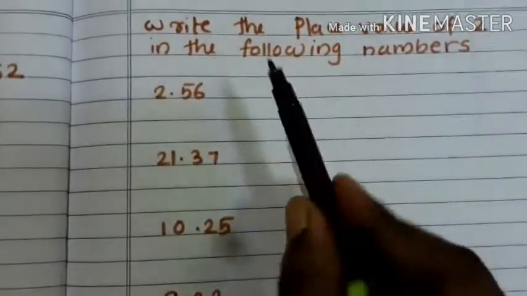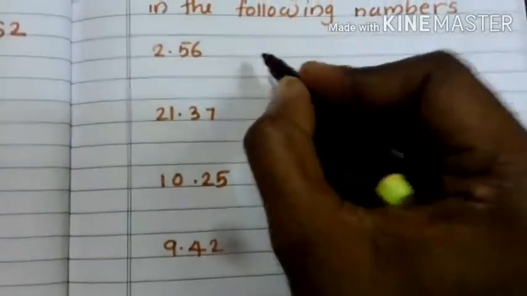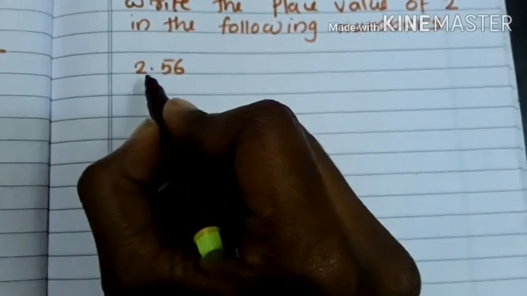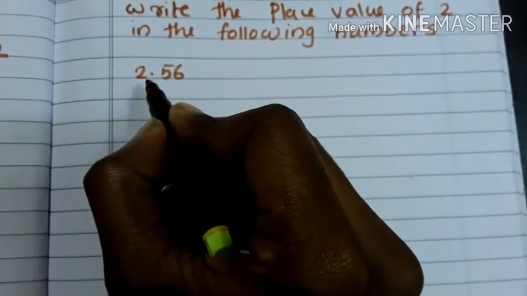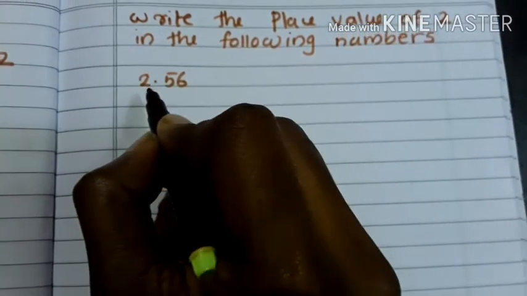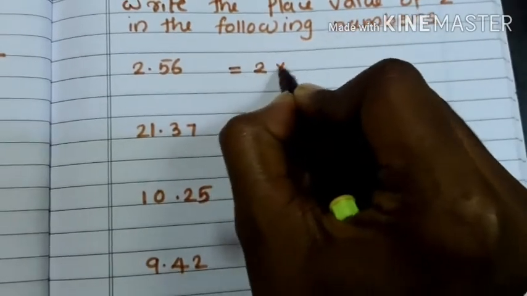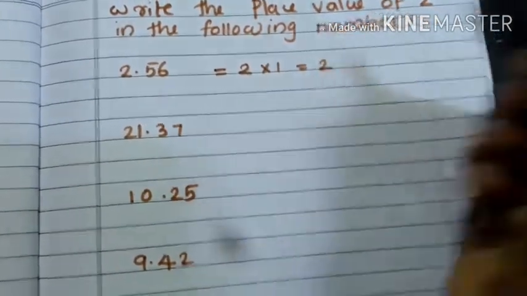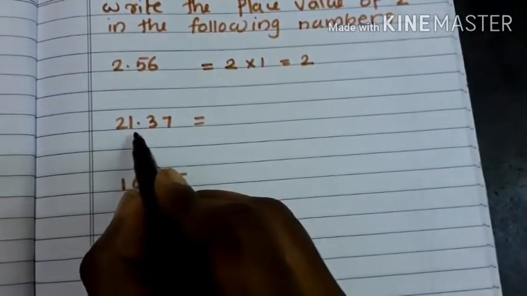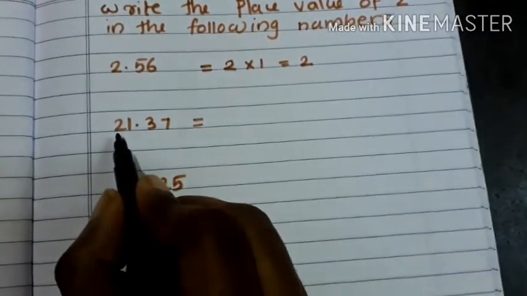Next one is write the place value of 2 in the following numbers. First one, 2.56. We have to find out the place value of 2. Here 2 is in ones place. So we write 2 into 1 is equal to 2. Then next one, 21.37. Here 2 is in tens place.